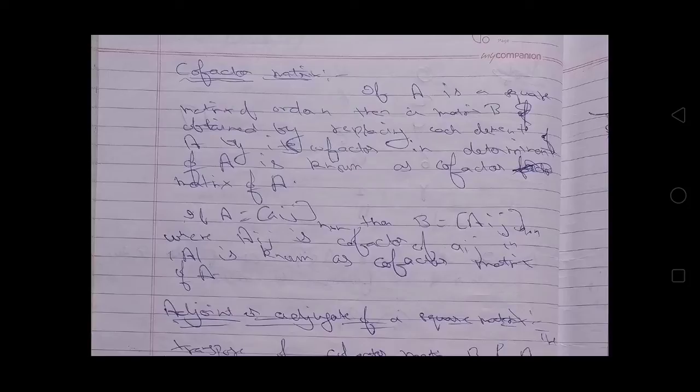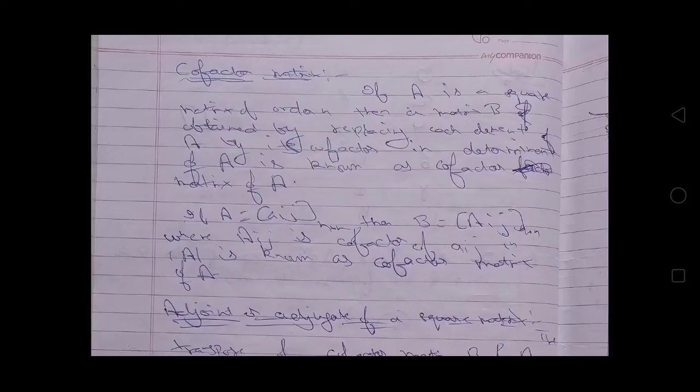Now, what is a cofactor matrix? A is a square matrix of order n. Then a matrix B obtained by replacing each element of A by its cofactor in the determinant of A is known as the cofactor matrix of A. So let's suppose A is some matrix of order n cross n in which the entries are denoted by Aij.